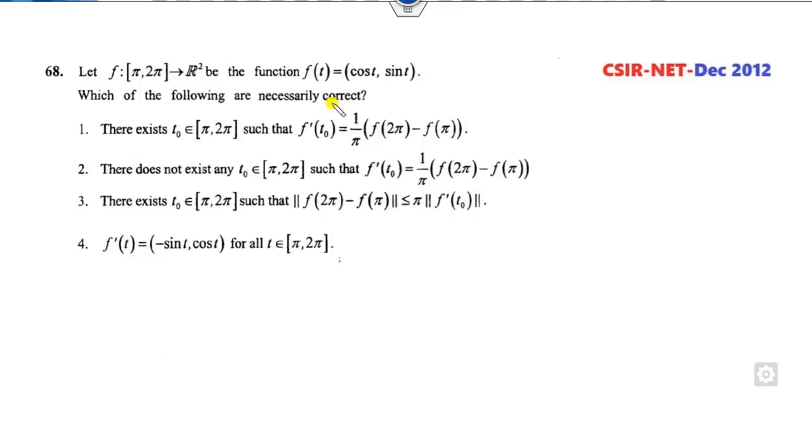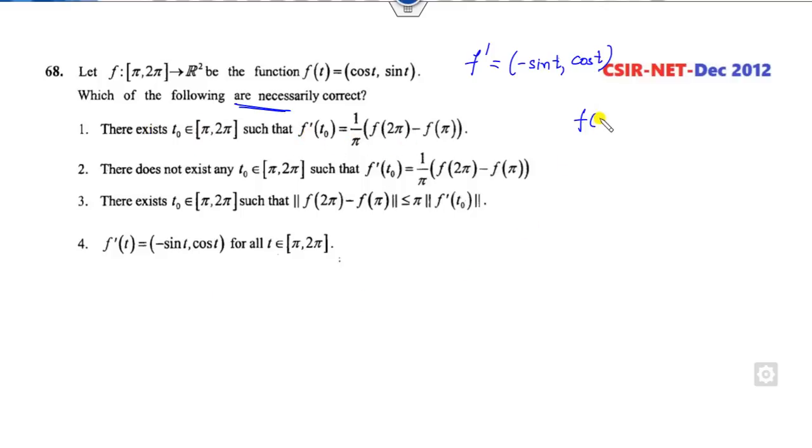Okay, look at this next one. F of t is given to you. Which of the following are necessarily correct? There exists some derivative here. So firstly we can find the derivative: minus sin t, cos t. There exists some t such that f dash of this is there.